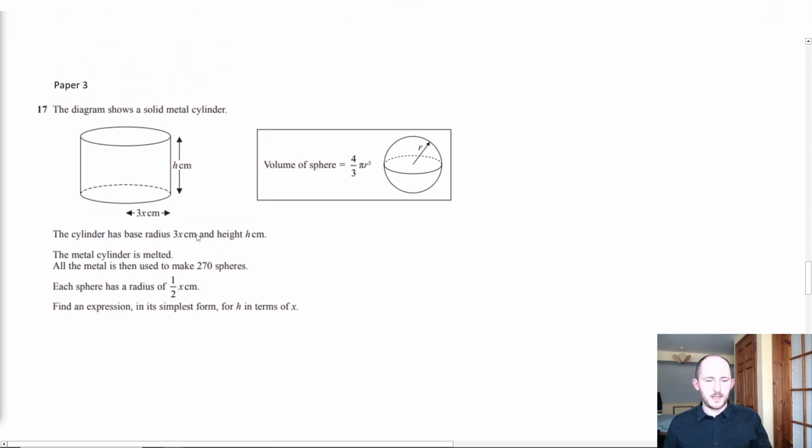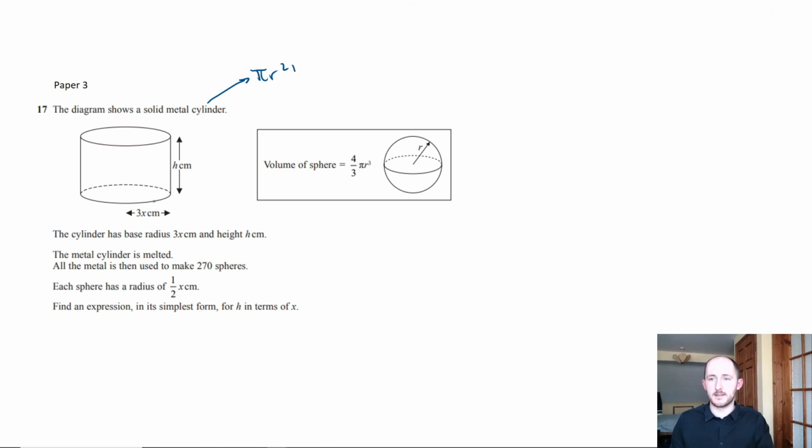Okay, let's quickly go through it. It's honestly a relatively short question. We'll do the volume of a cylinder and equate it to 270 times the volume of a sphere. The volume of a cylinder is the area of the bottom face, a circle, pi r squared, times its height h.